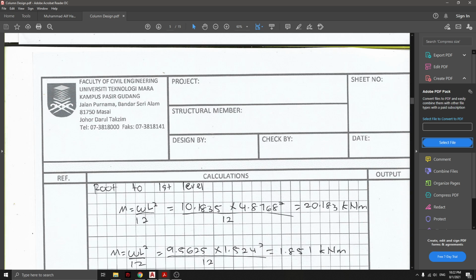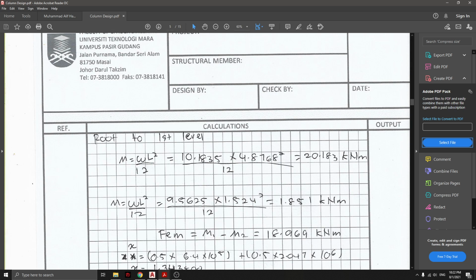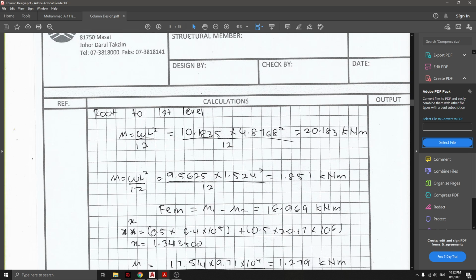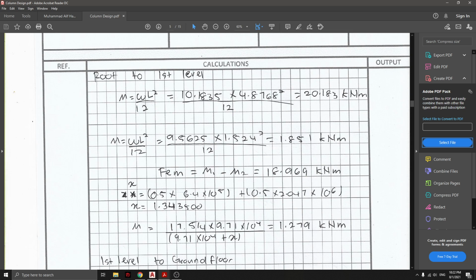From roof to first floor level, we find the M. I got 20.8183 kilonewton meter, and then 1.851 kilonewton meter. FEM M1 minus FEM M2 I got 18.969 kilonewton meter. So this X is for the formula.